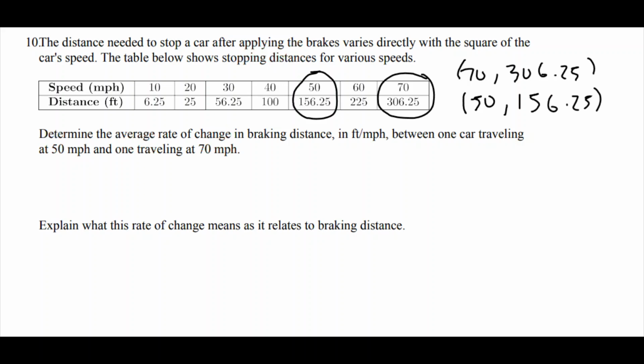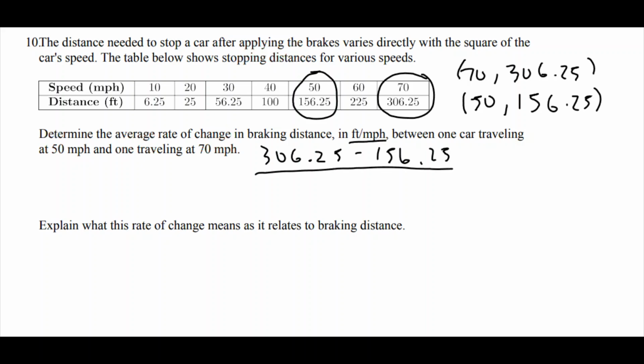And so what we're going to do is the average rate of change. So we're going to take 306.25 minus 156.25. That is going to be the feet over the miles per hour.